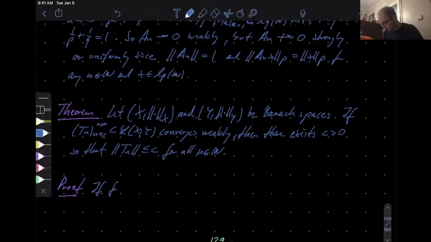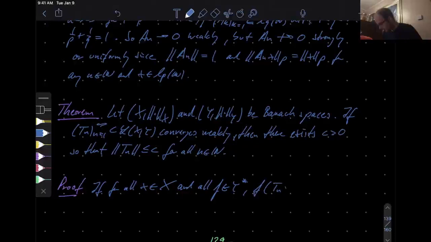So if for all points x in the domain space and all bounded linear functionals f on the target space, we have the weak convergence. Remember, by definition, this means f of Tn x going to f of T x as n tends to infinity. Then, what does this tell me? Well, just remember how weak convergence was defined.